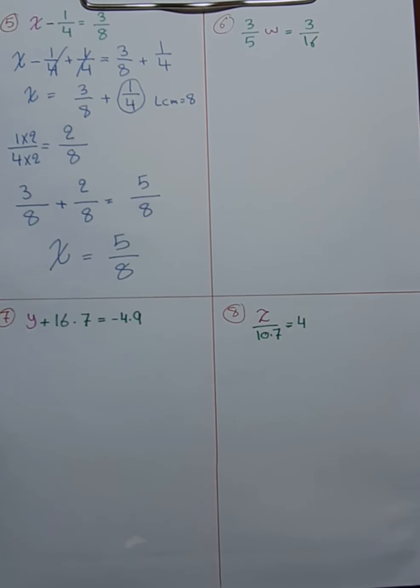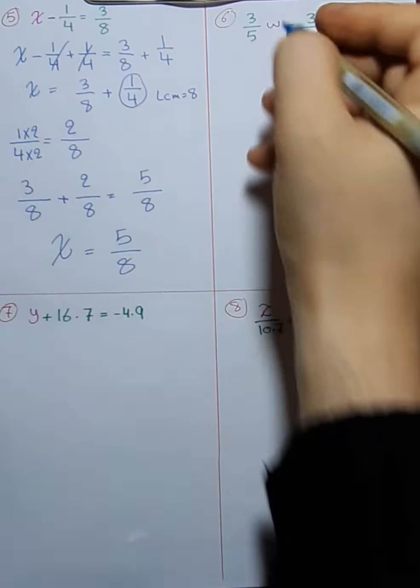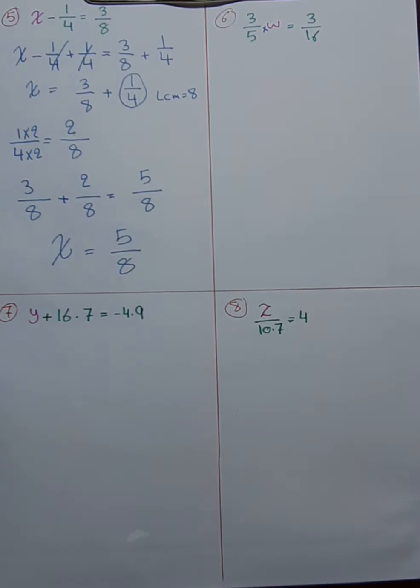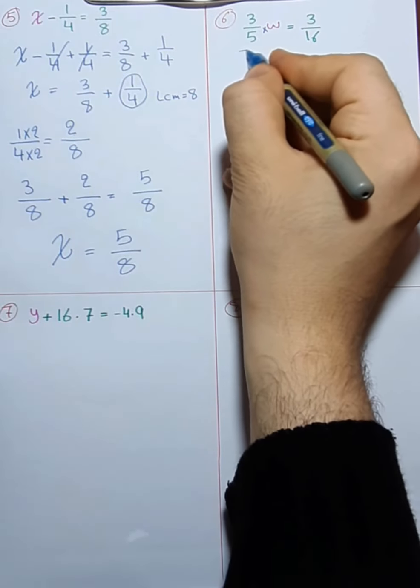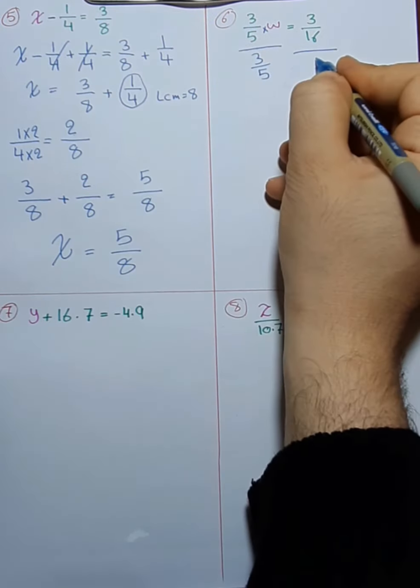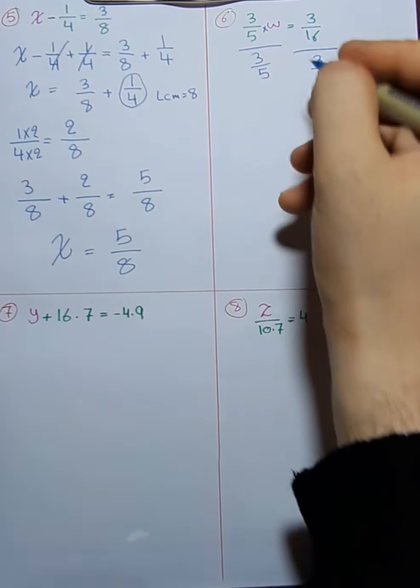Example number 6, we have 3 out of 5 times w equal to 3 out of 16. We have multiplication between this fraction and a variable. When we have multiplication, we have to divide both sides by the number or fraction that is with the variable. So we divide both sides by 3 out of 5.